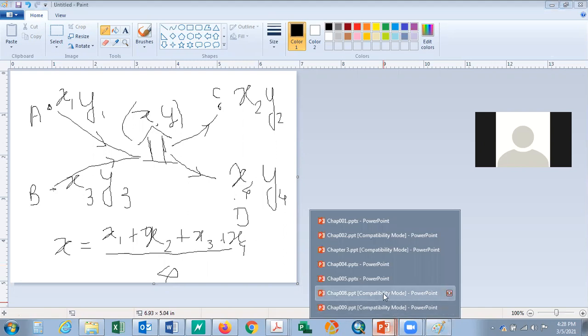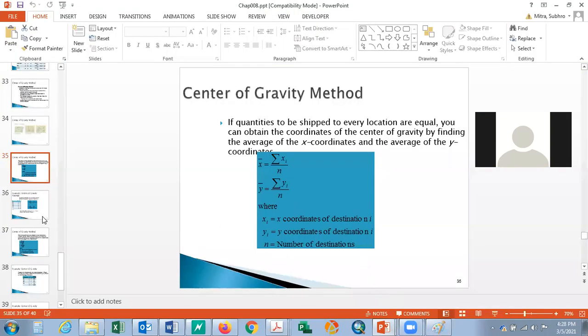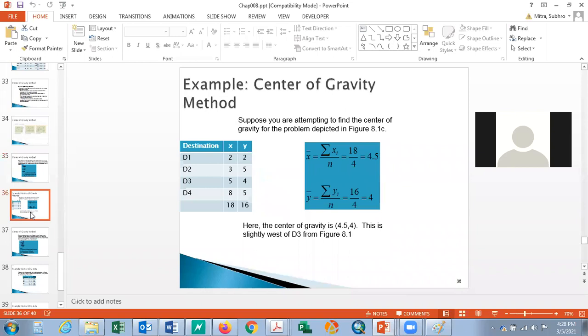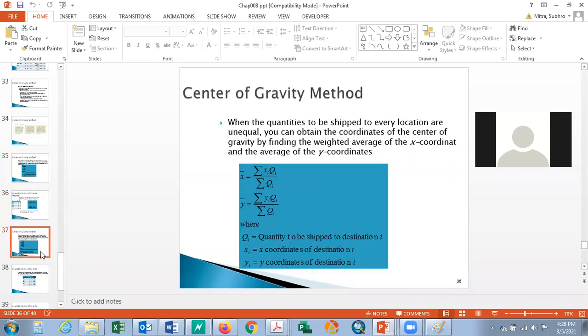But if these locations, let me go back to the next slide, have some shipment from each of them, they may not be equal. They might be different.